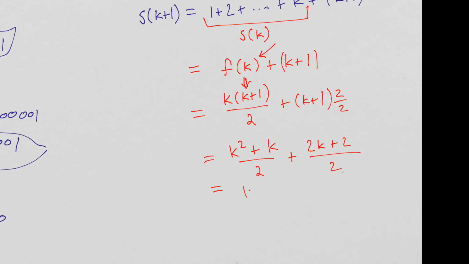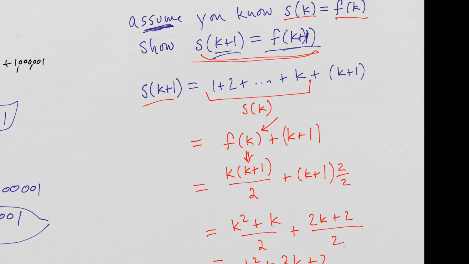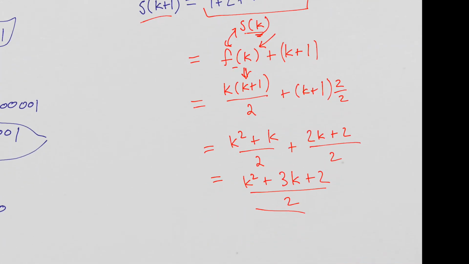So the whole thing is k squared plus 3k plus 2 over 2. So that gives me a formula for the left-hand side of what I'm trying to check. I'm trying to see if these things are the same. And I used that same trick. Assuming you didn't lie to me, I swapped out S of k for f of k, and I've derived an algebraic expression from that.